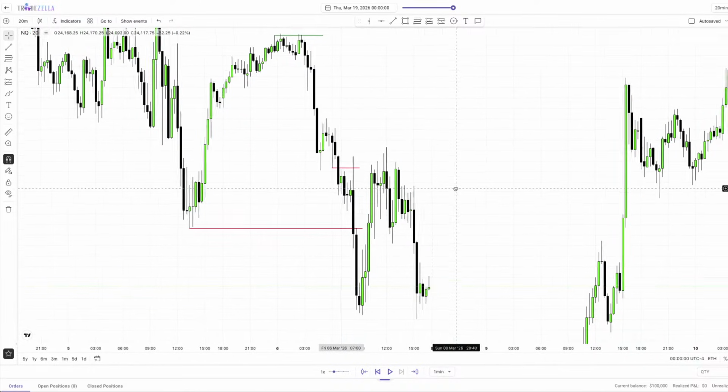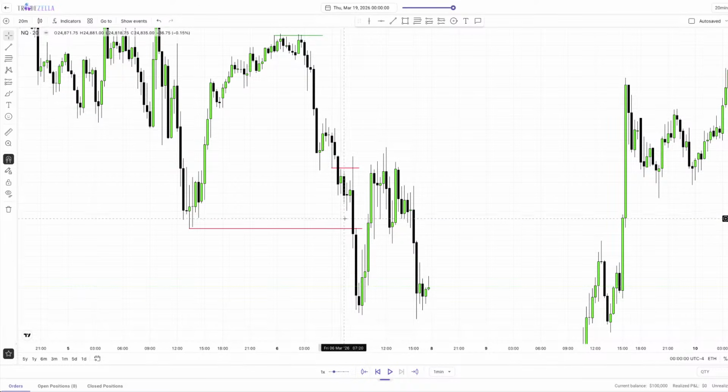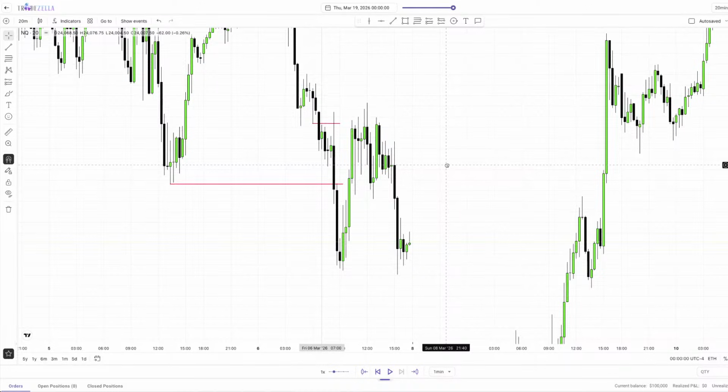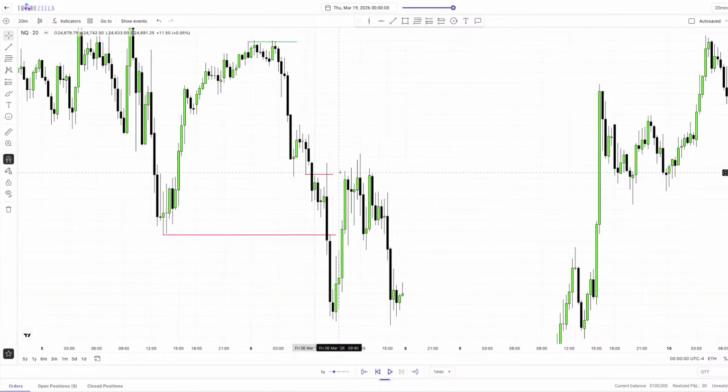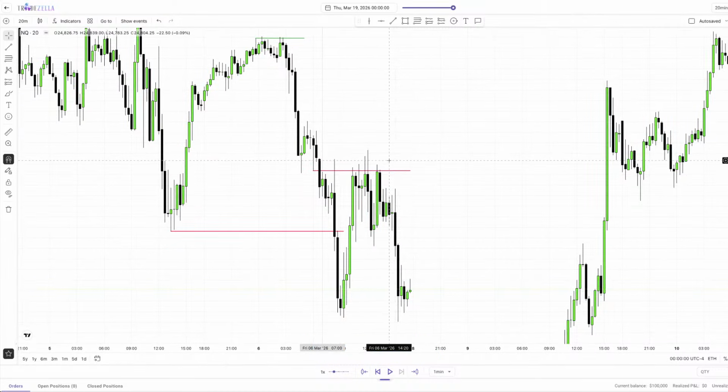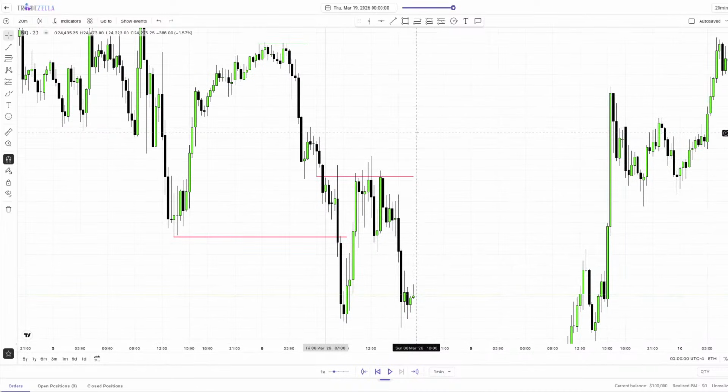So after you see the second displacement to the downside, even if it is after 7 a.m., then that is even more of a confirmation for you to look for shorts, but again, above the displacement we had before 7 a.m. So as you can see here, this would have been an area to short, and here again, an area to short.